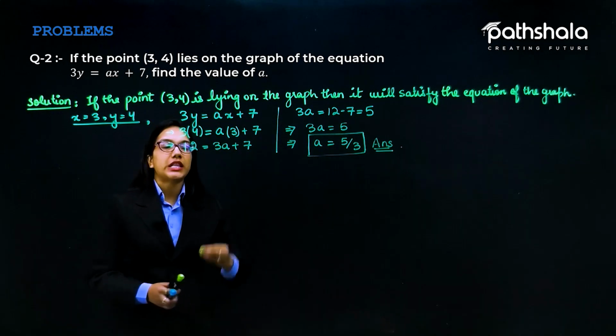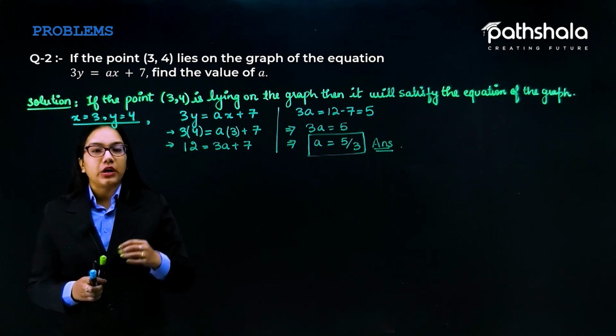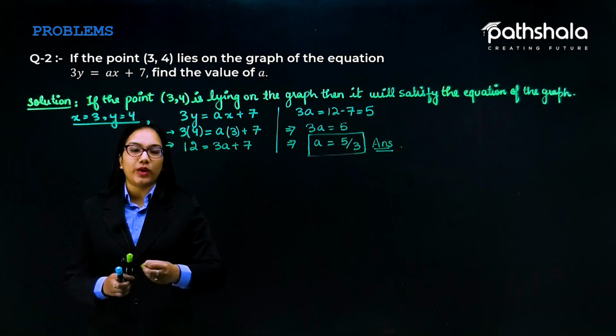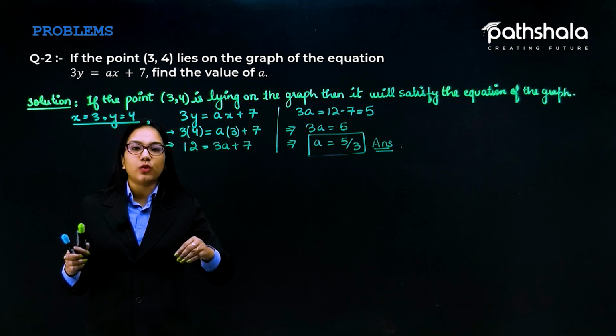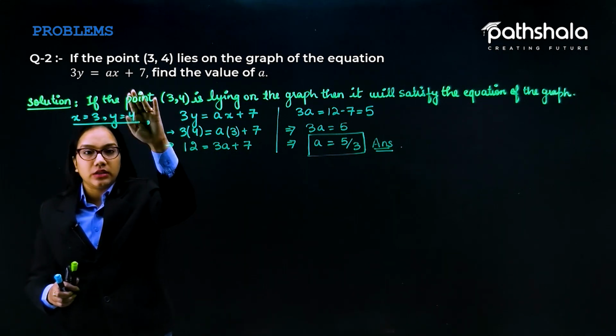Because if the point is lying on the graph, then it will satisfy the equation of the graph. If we have the equation 3y = ax + 7, then any point lying on the line 3y = ax + 7 will satisfy this equation.